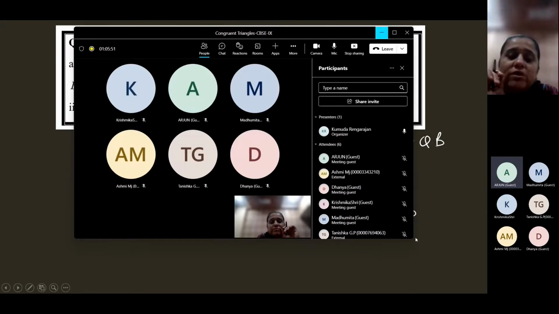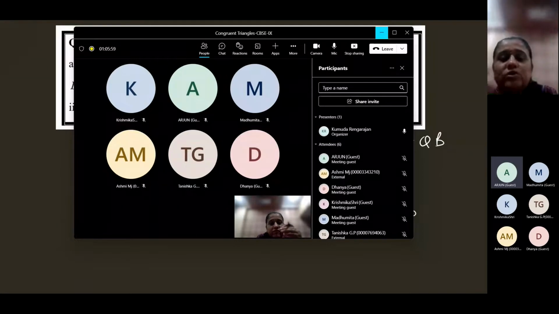No, children, see, the problem is, I've been telling you that the first information should be of the first triangle. Then after the equal to sign, what you write should be of the second triangle. All of you are wrong. Tanishka is wrong.